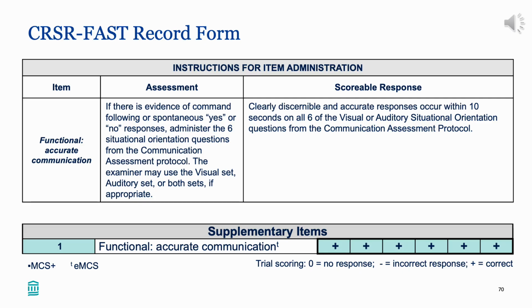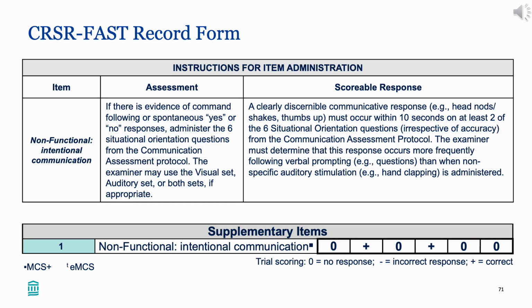For the examiner to score functional accurate communication as present, the patient must demonstrate clearly discernible and accurate responses on all 6 of the visual or auditory situational orientation questions from the communication assessment protocol. For the examiner to score non-functional but intentional communication as present, the patient must demonstrate a clearly discernible communicative response.